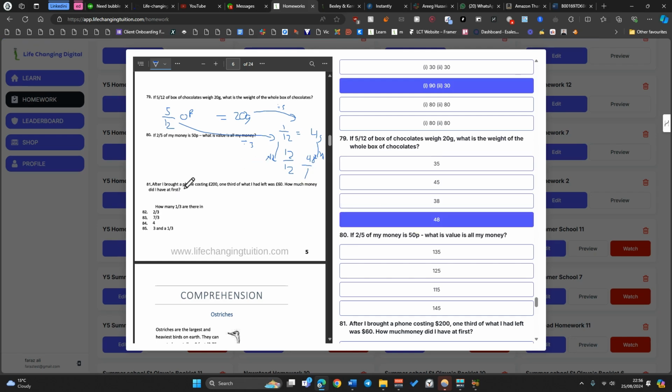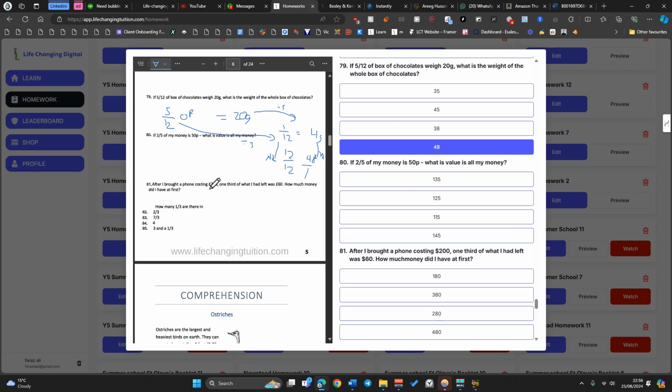So 81. After I bought a phone case costing £200, 1/3 of what I had left was £60. How much money did I have at first? Okay, so when he spent £200, he had X amount of money left, right?